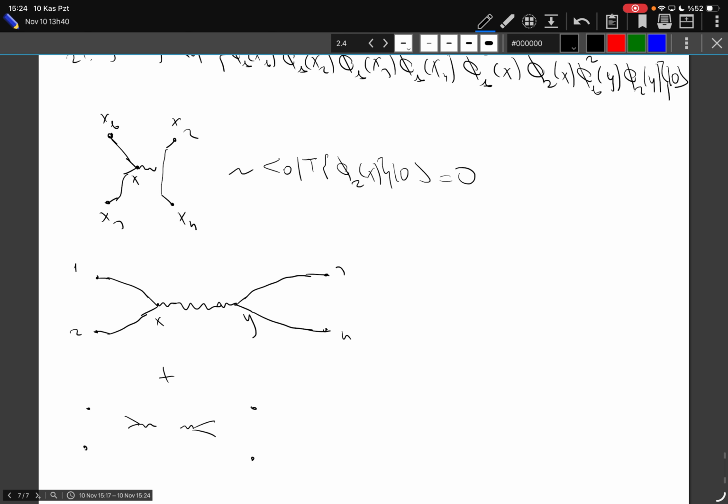There are no other options. So there is definitely that connection. Well, I can have the field at the point 1 connected to the point X. The field at the point 2 is connected to one of the fields at the point Y. And then the other field, the point 3 is connected to Y. Point 4 is connected to the line at the first line.